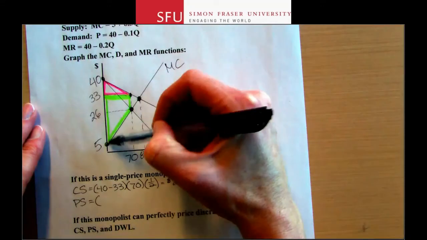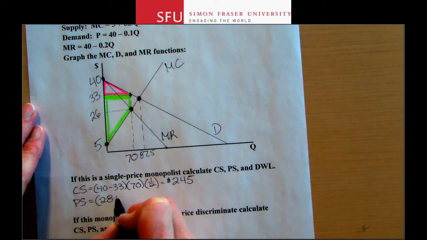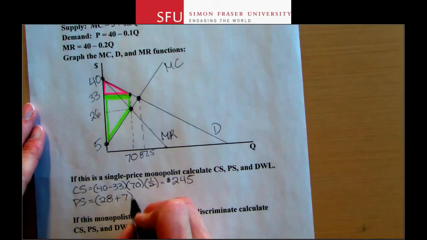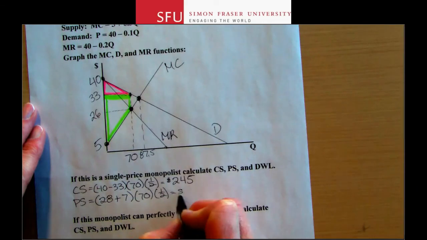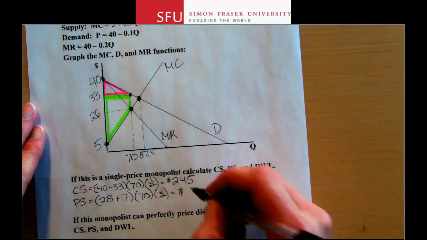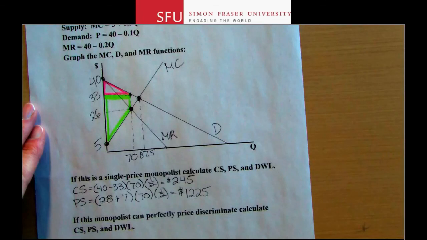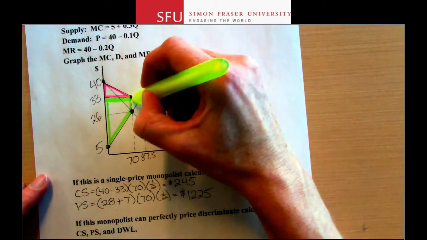So height 1, 33 to 5, that's 28, plus height 2, 33 to 26, that's 7. Okay, and then deadweight loss.